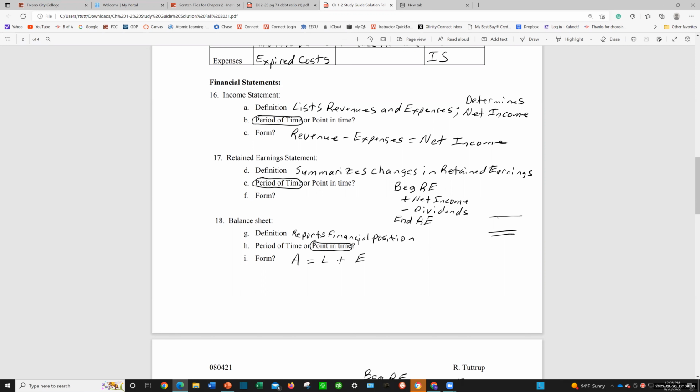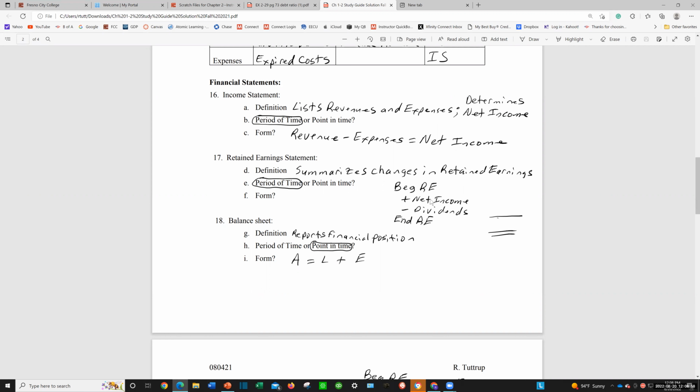On that day, my cash balance was this. On that day, I owe this much money to my vendors for accounts payable. Now, what is the form? It's easy to remember because the form is our accounting equation. Assets equals liabilities plus equity, right?